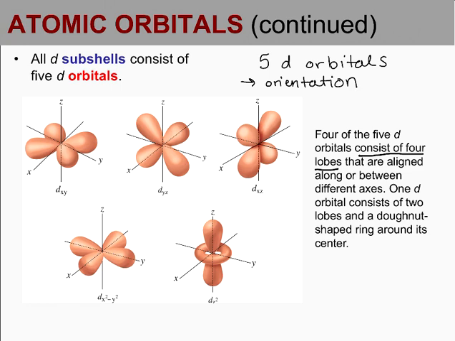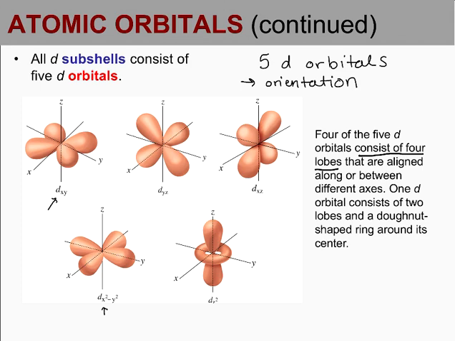So you'll notice that, for instance, this first d orbital, xy, those are sitting kind of in between the x and y axes. And then down below we have this d orbital, which is aligned along the x and y axes. Now, I'm never going to make you draw these orbitals or memorize their shapes. It's just good to know where these different atomic orbitals are coming from.